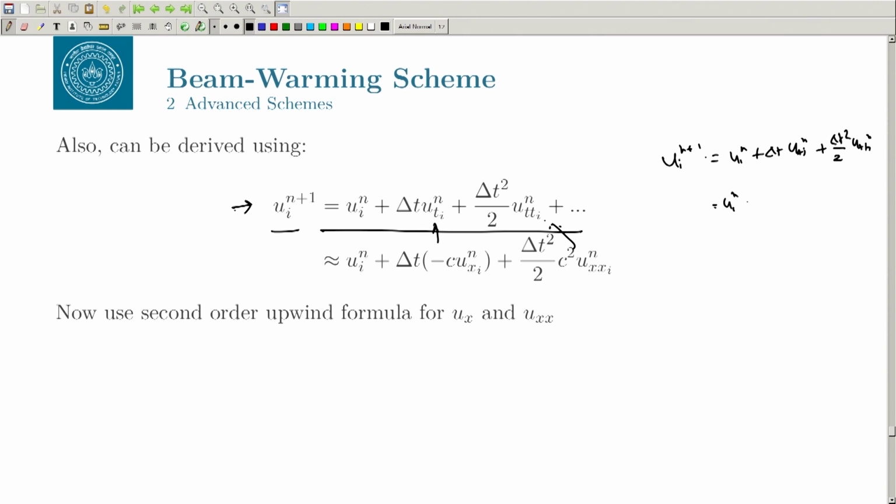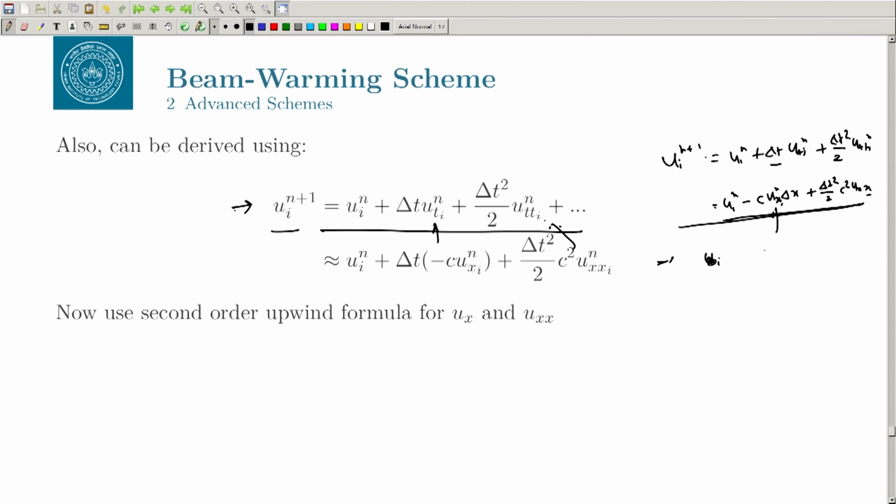So, this will become u_i^n minus delta t times c u_x at i n plus delta t square by 2 c square u_xx at i n, and we are looking for an expression for this. So, this is your Beam-Warming scheme.